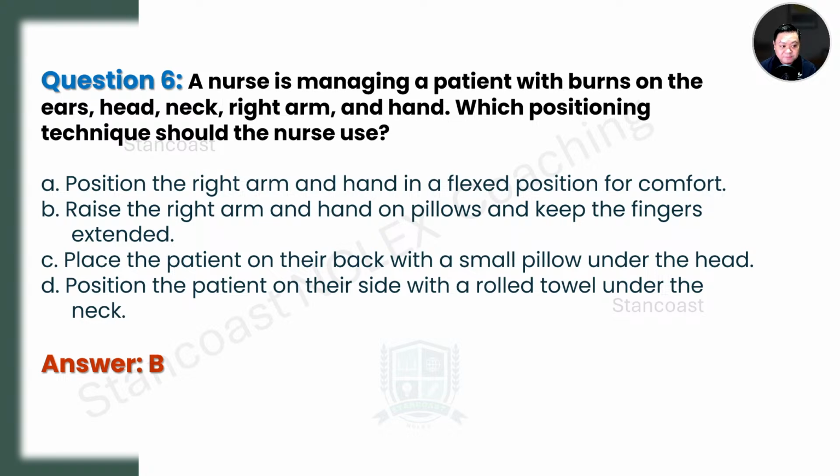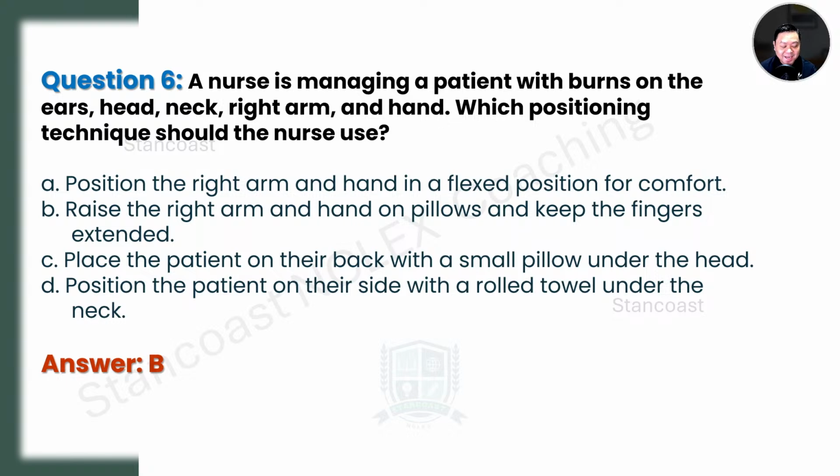Now, if you selected letter C, place the patient on their back with a small pillow under the head, this can also increase the pressure on the burned ears, and it can also cause discomfort and also sticking. Remember that the location of the burn is in the ears, head, neck, and the right arm. Now, if you selected letter D, this is also incorrect.